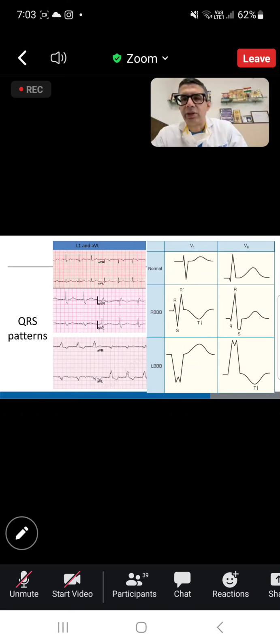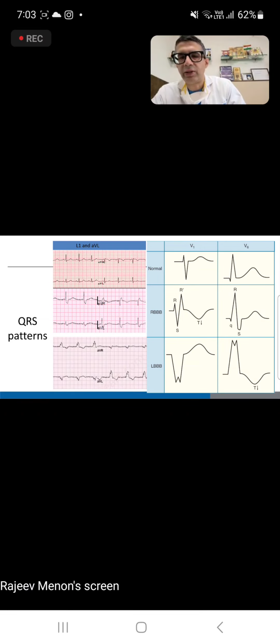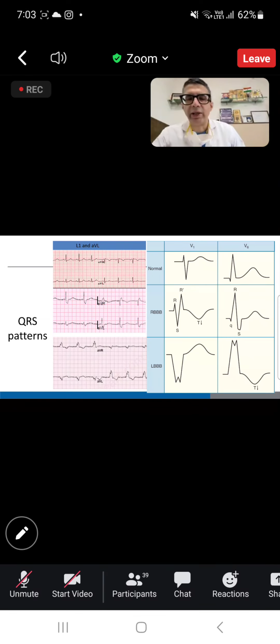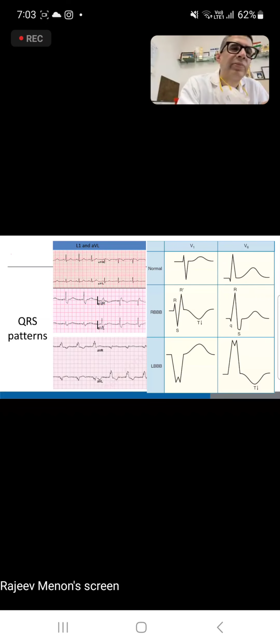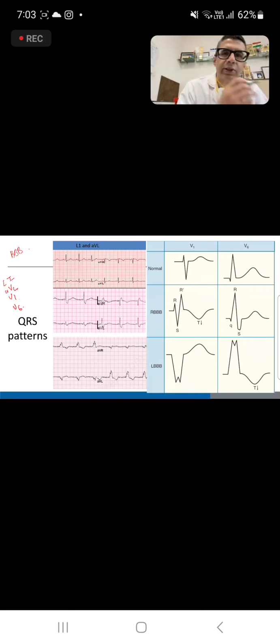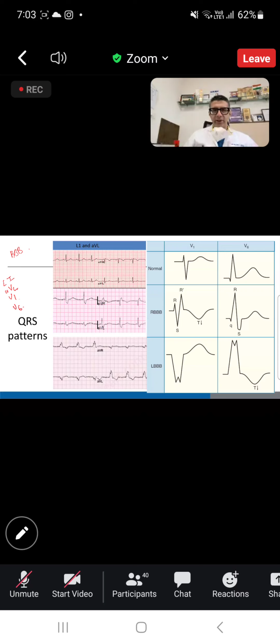Similar to what we said for the P wave, where we look at lead 2 and lead V1, whenever you want to look at the bundle branch block, there are a few leads which you look at. So you look at L1, you look at aVL, you look at V1, and you look at V6. Those are the leads which you look at for pattern recognition.